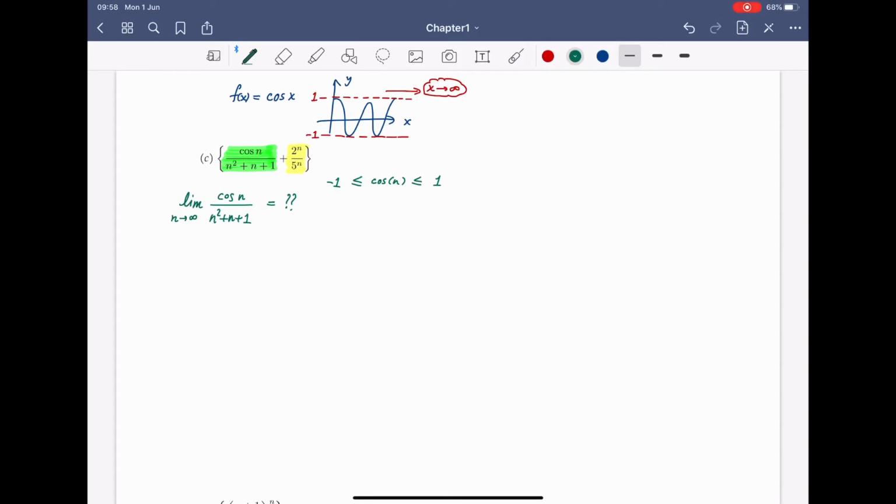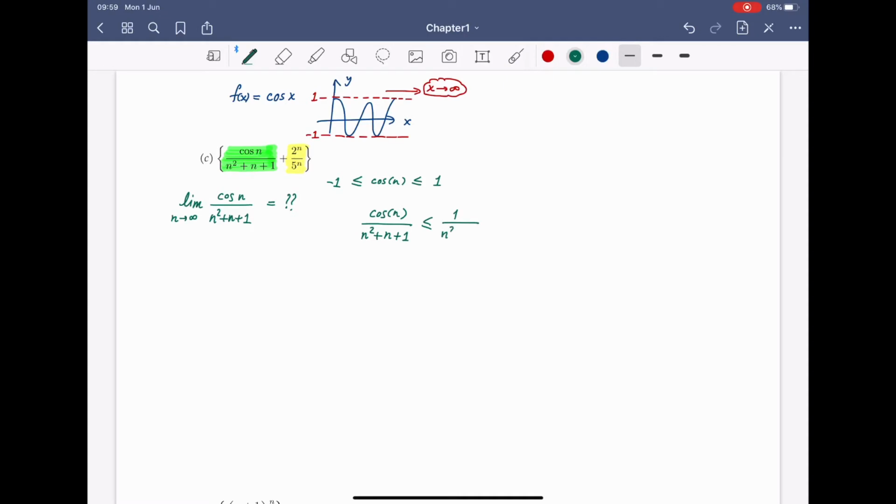And then I am going to simplify until I get the term that is similar to what we want to compute the limit of. So I'm going to divide everything by n squared plus n plus 1.